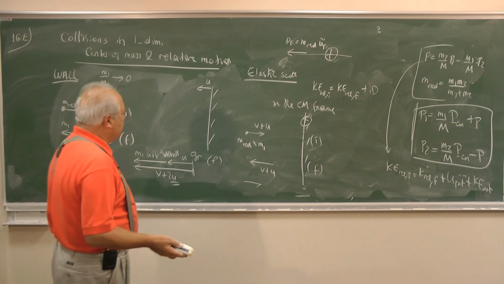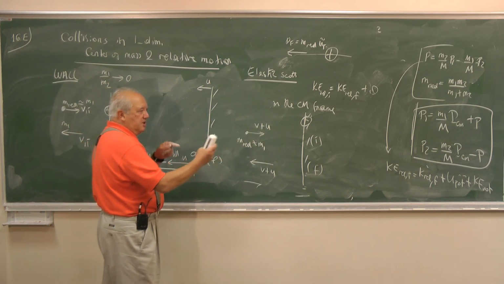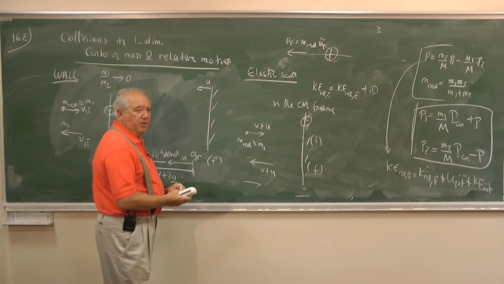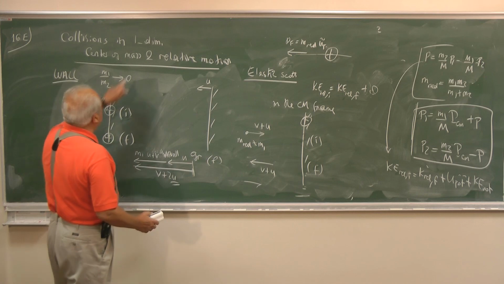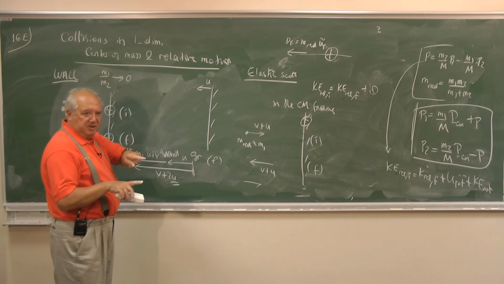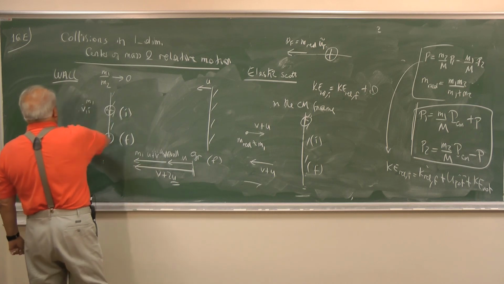Now we discussed so far two particles approaching each other on the very same line. Now we can still be in one dimension, but the lines need not be the same, but they may be parallel. I'm erasing this.